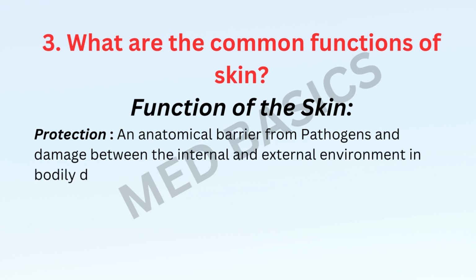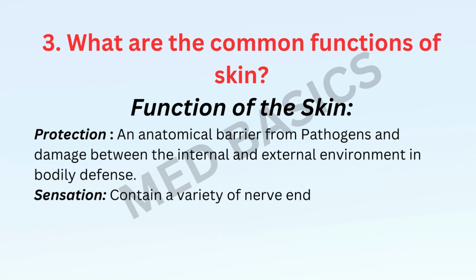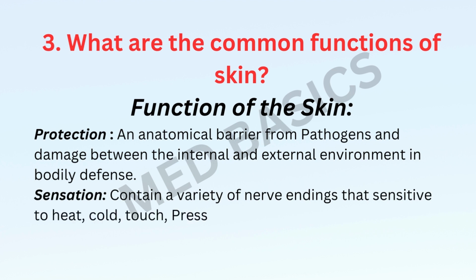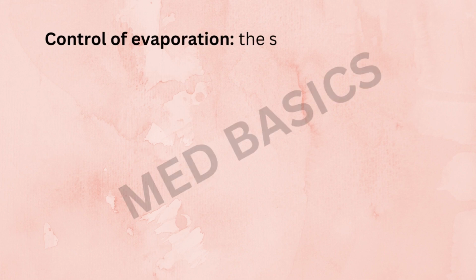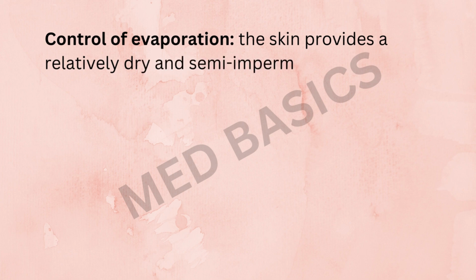Question number 4. Write down the common skin diseases. Common skin diseases: 1. Eczema. 2. Psoriasis. 3. Skin infection. A. Fungal: ringworm, tinea infection, candidiasis. B. Arthropods: scabies. C. Viral: herpes zoster, herpes simplex.